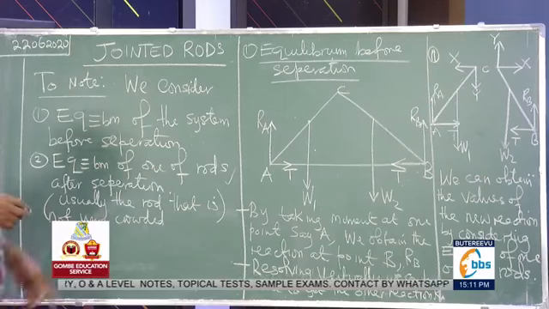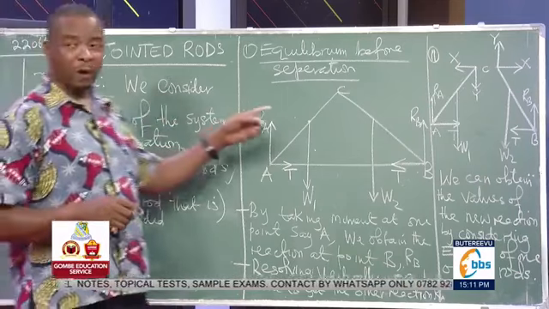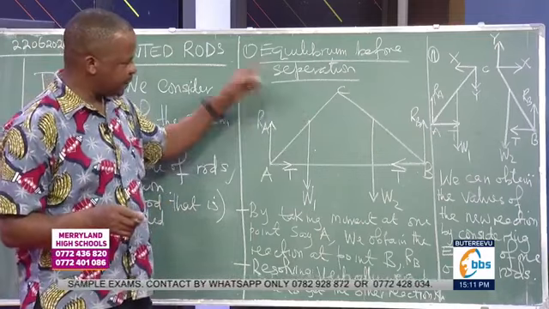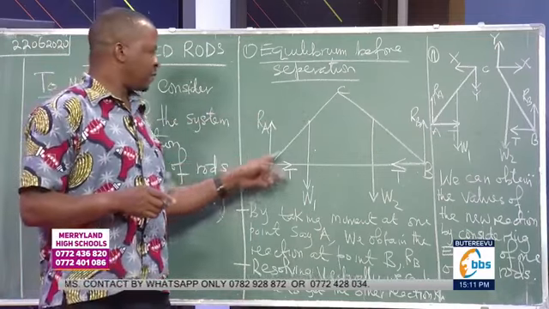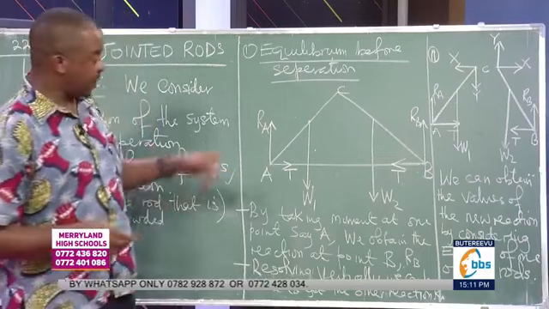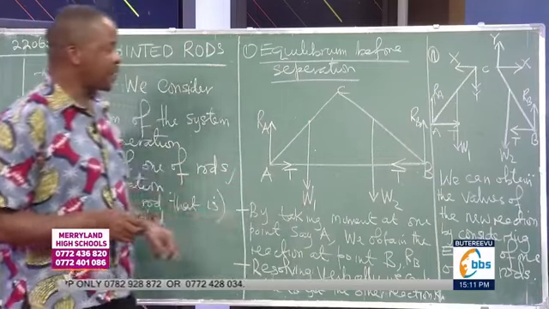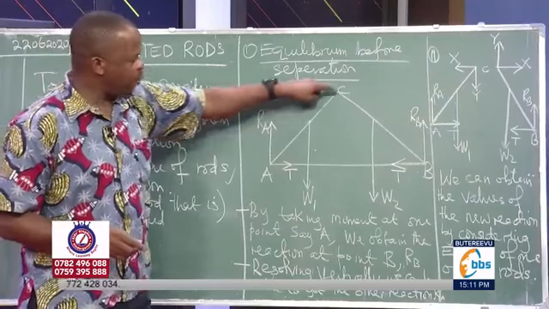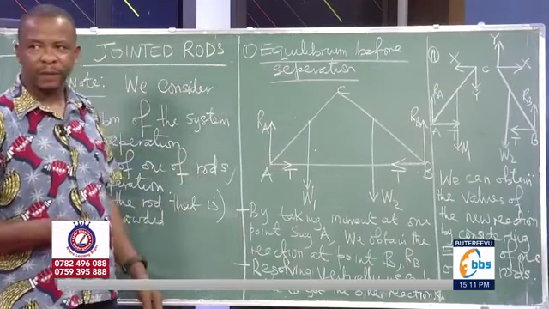Take note of these. And before we go to our first example, I want to emphasize that if rod AC has a weight as W1, that weight is acting at a point that is halfway the length AC.